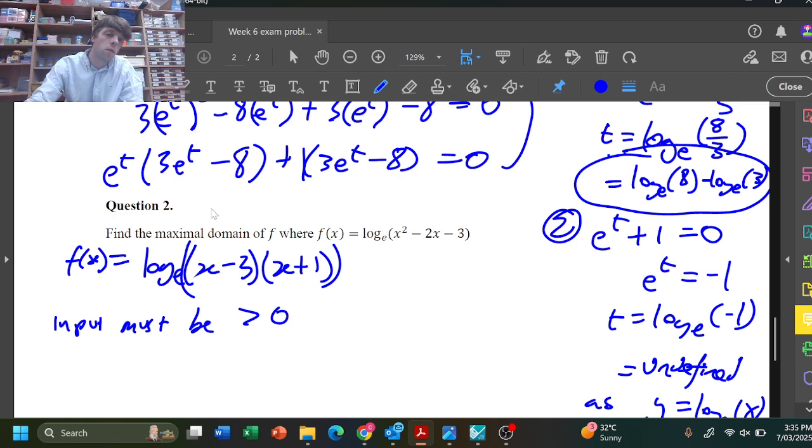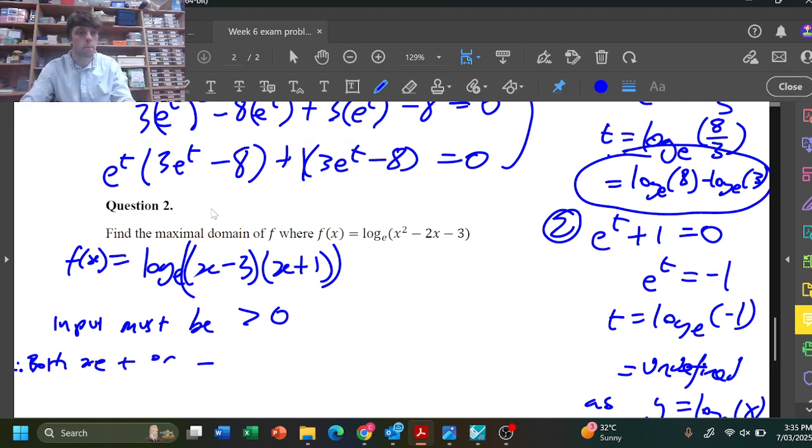Now, there are a few ways we can think about this. That means that this thing and this thing both need to be positive, or this thing and this thing both need to be negative. That's one way of thinking of it. So we'll do this as the first way. So x, both, therefore both are positive or negative.